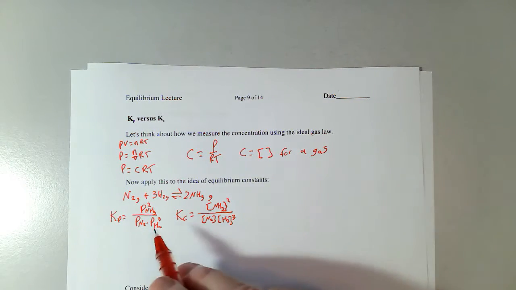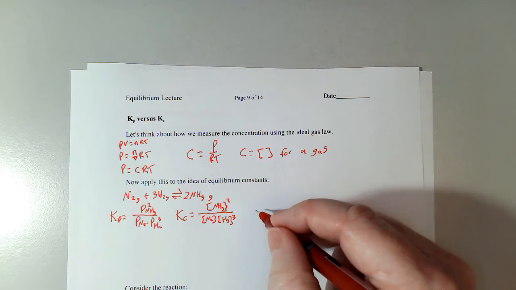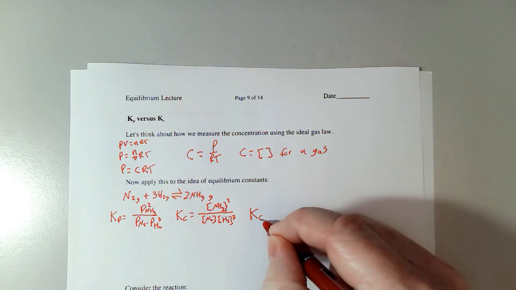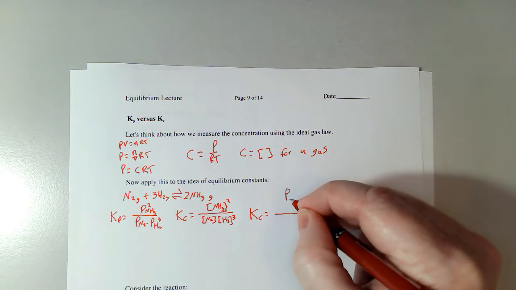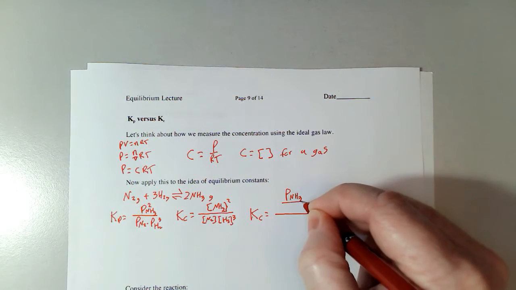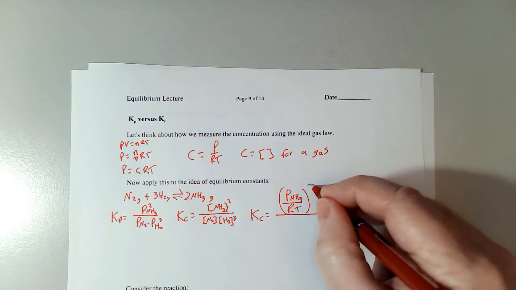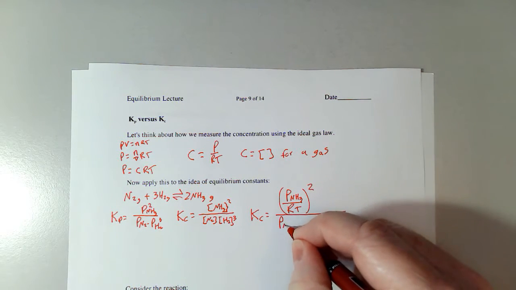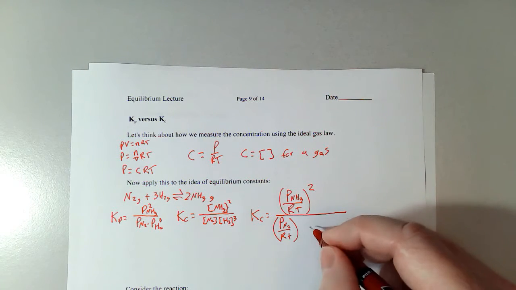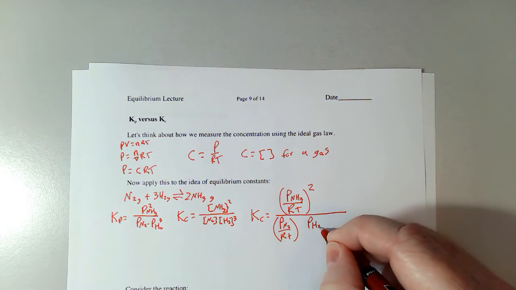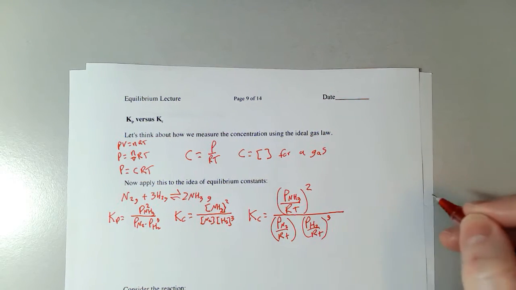Okay, now let's substitute this into here, or Kc equals the pressure of the NH3 over RT squared, the pressure of the N2 over RT to the first, and the pressure of the H2 over RT cubed.